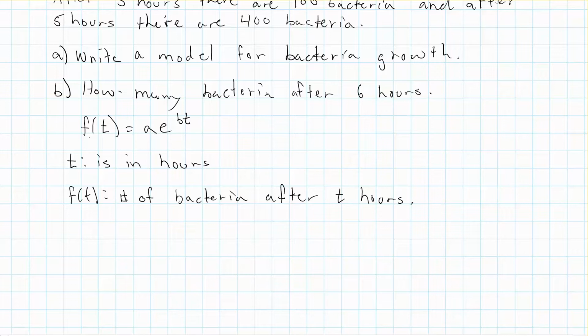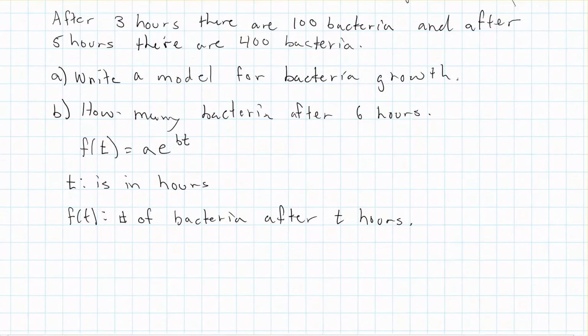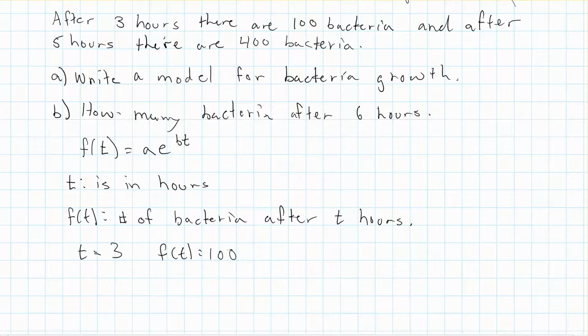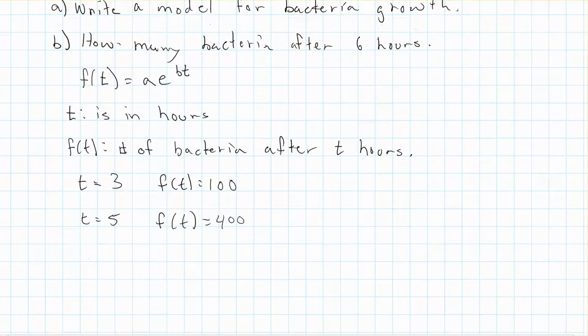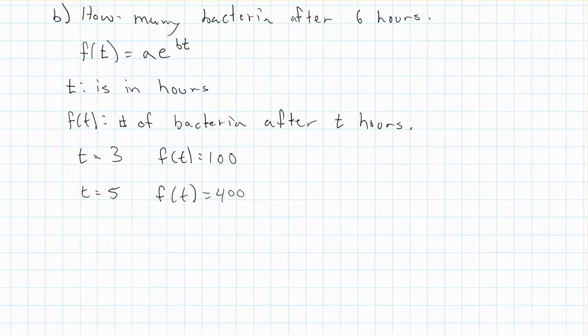Alright, so let's look at this then. I have to figure out what a and b are. Well, I've got 2 points that they've given me. I know that when t is equal to 3, f at t equals 100. And then when t is equal to 5, f at t equals 400. So what are we going to do? Well, we're simply going to substitute that in here.